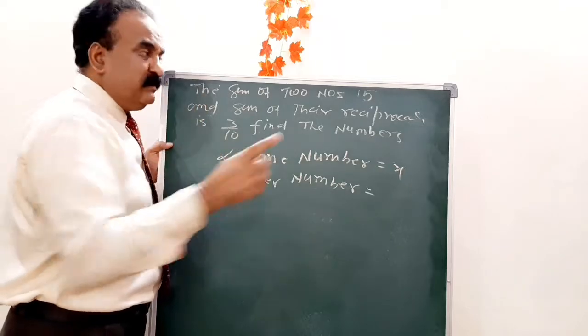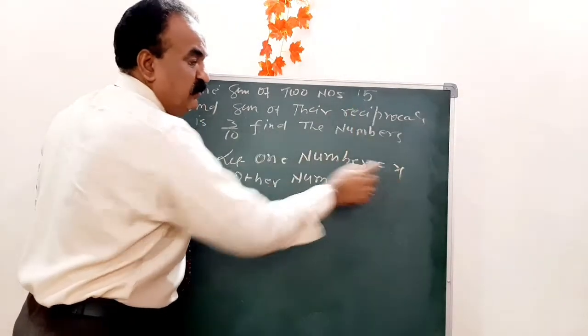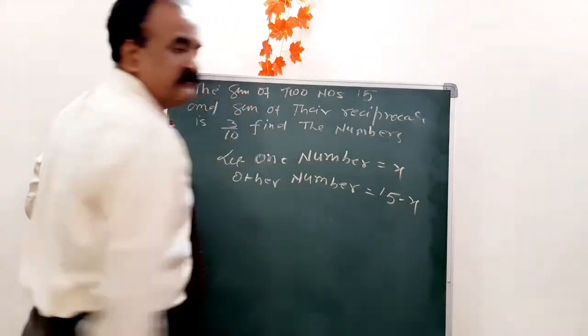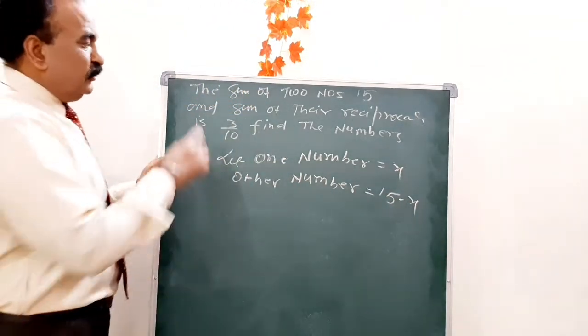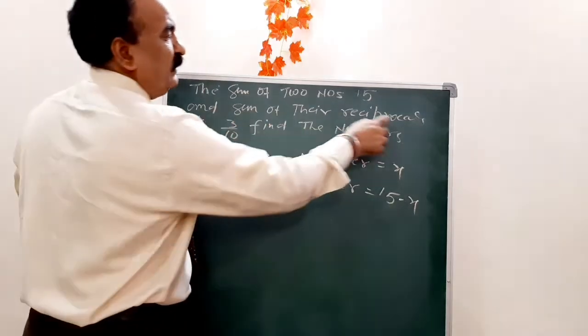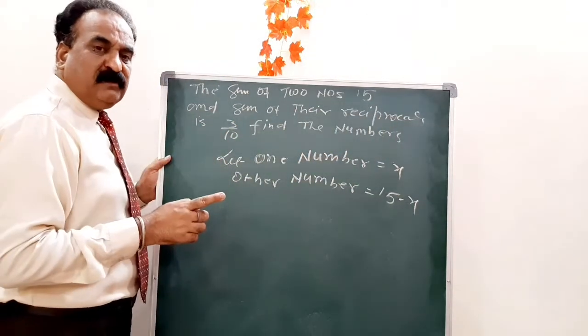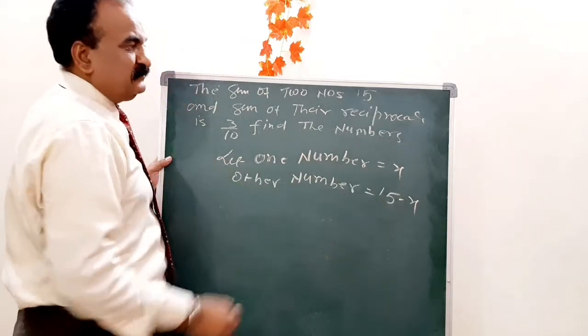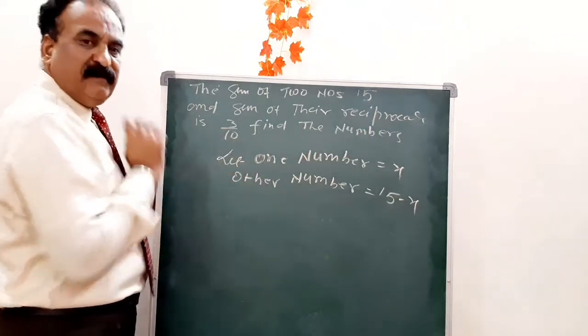One number you have taken x, the other number will be 15 minus x. And according to the question, the sum of their reciprocals means 1 upon x plus 1 upon 15 minus x is equal to 3 by 10.